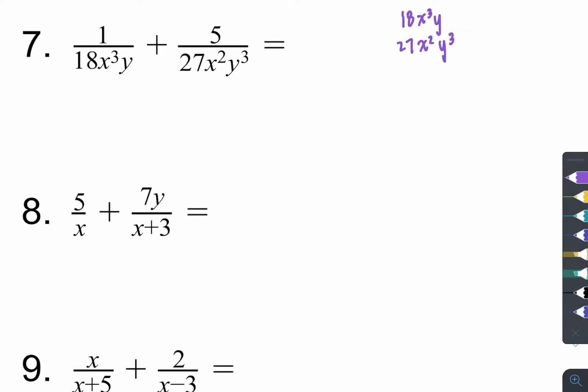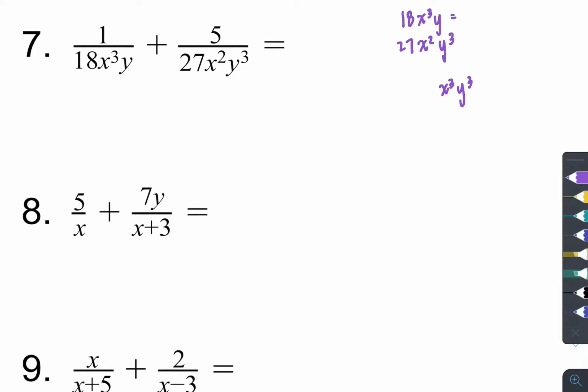Basically, the biggest y we have is going to end up being our thing. So I know I'm going to have y to the third, and I'm going to have x to the third. Then just 18 and 27 are going to be the ones.